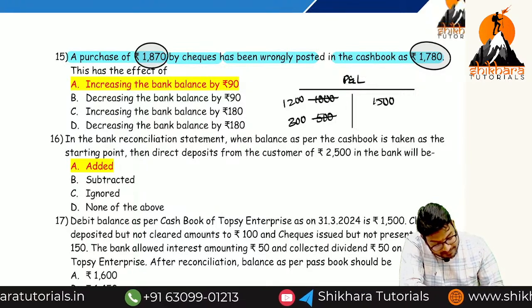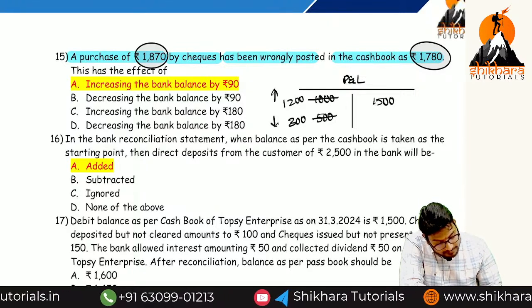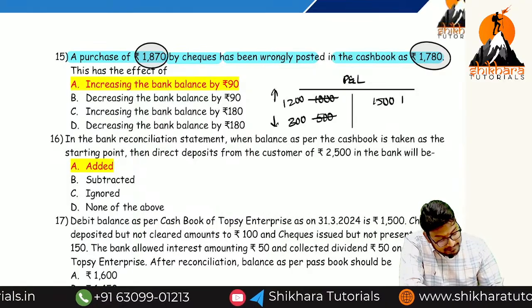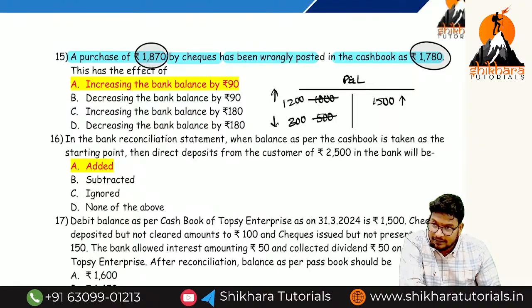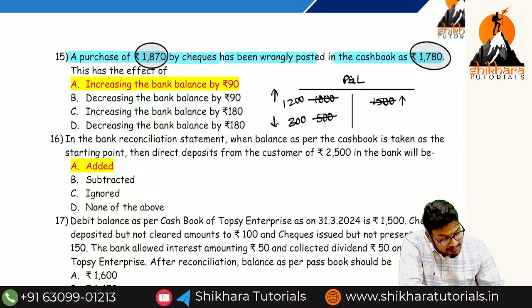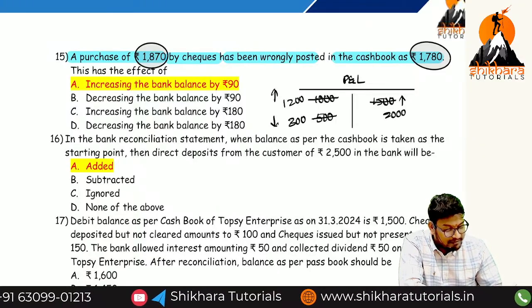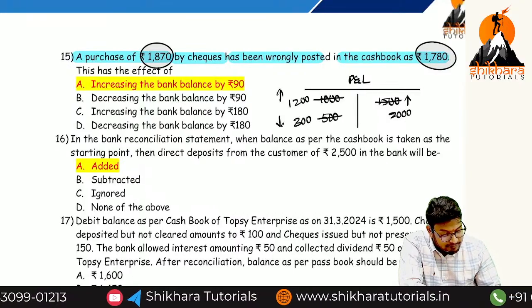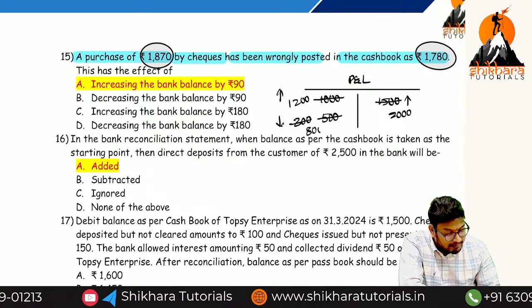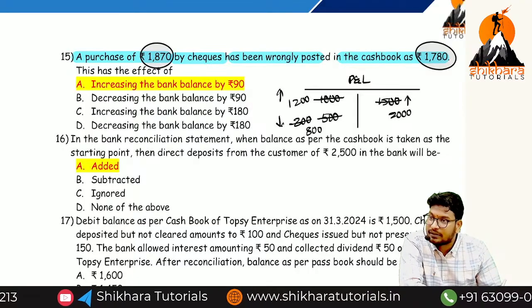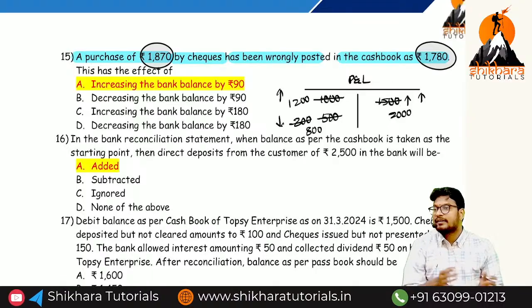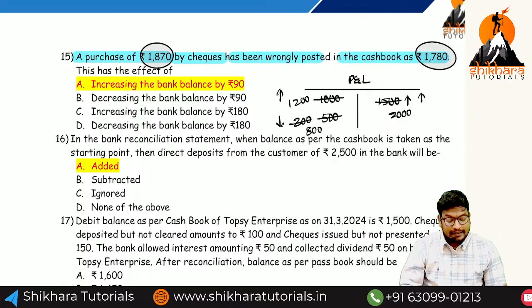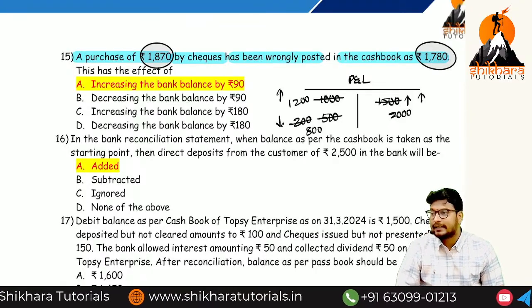That means if the expenses increase, profit decreases. Now if I increase the income from 1500 to 2000, what is the profit? 2000 minus 1200, that is equal to 800. So if I increase the income, the profit will increase. So income and profit are directly proportional and expenses and profit are inversely proportional.